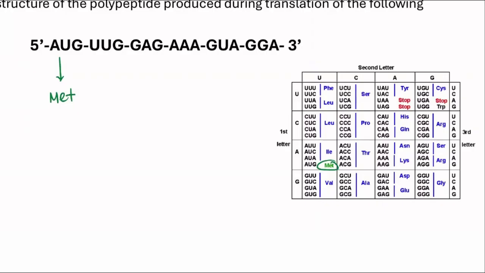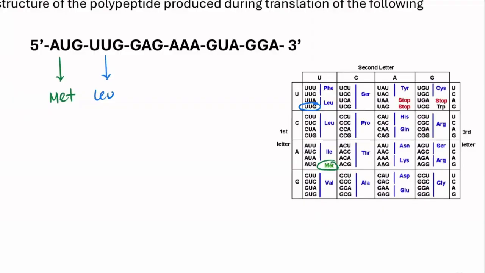The first letter is U, the second letter is U, and looking through the table, we see that UUG is leucine.